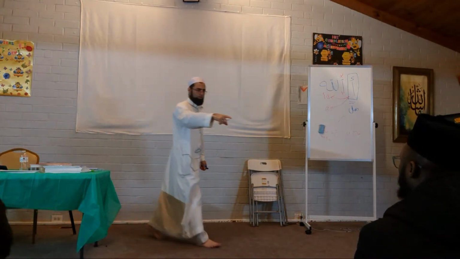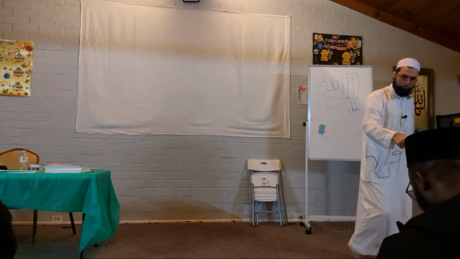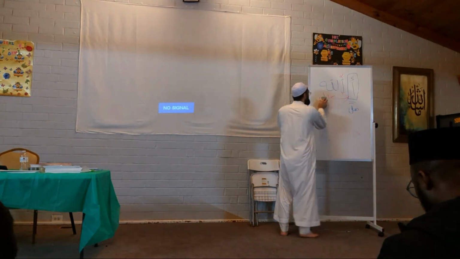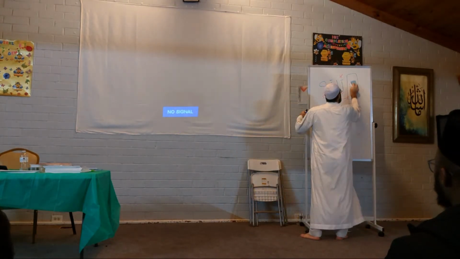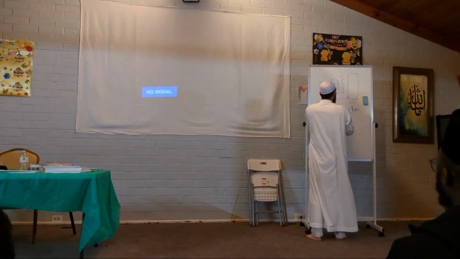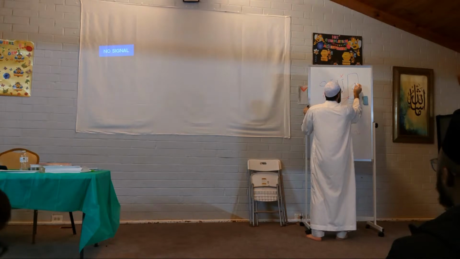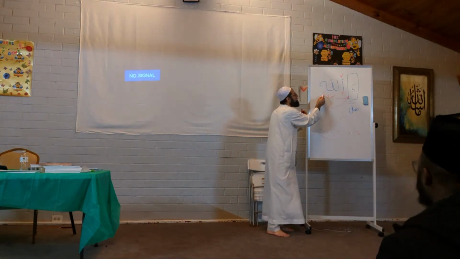On the line Hamzat al-Istifham or on alif? No, on the line. This is Hamzat al-Istifham, so you don't get confused, you can do the same. It's not going to change the meaning. Sometimes written on the alif, sometimes just on the line. Okay? So this is Hamzat al-Istifham.